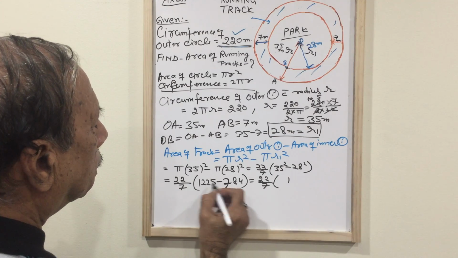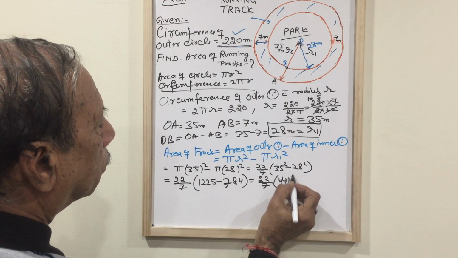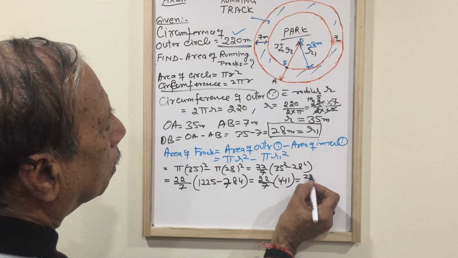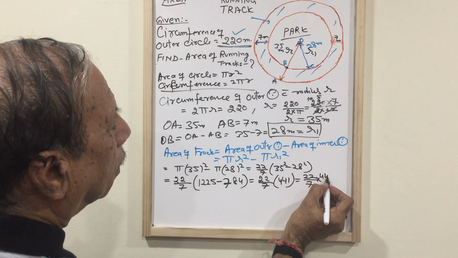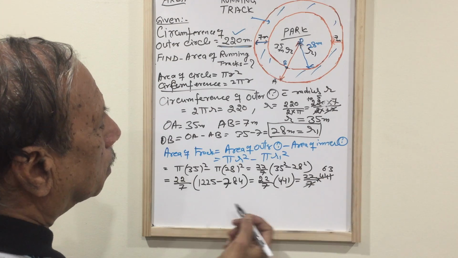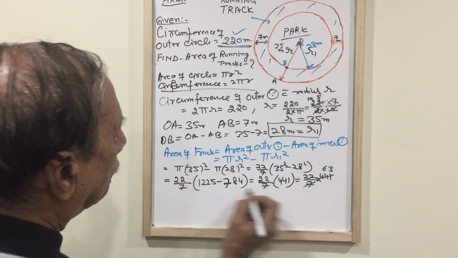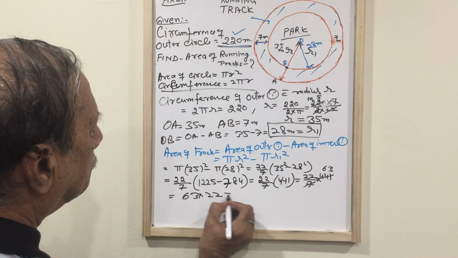This is 441. So 22/7 into 441. This becomes 63, and 63 multiplied by 22.